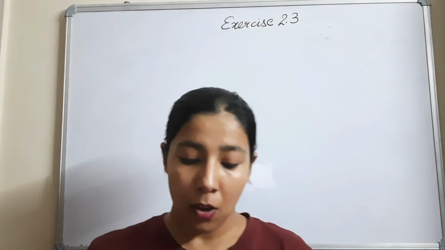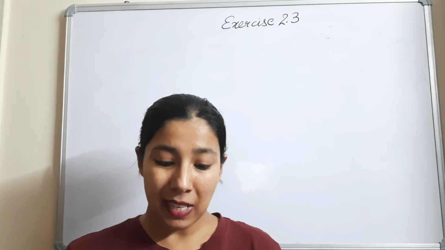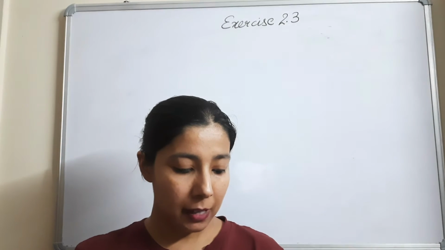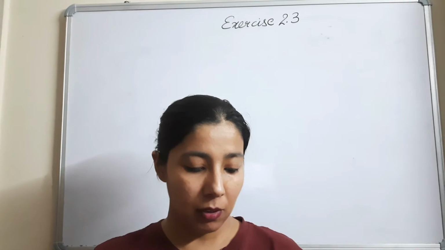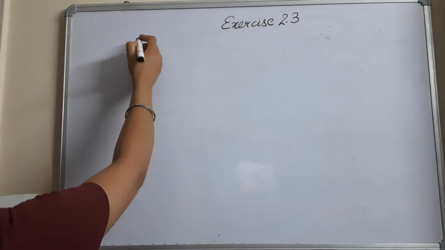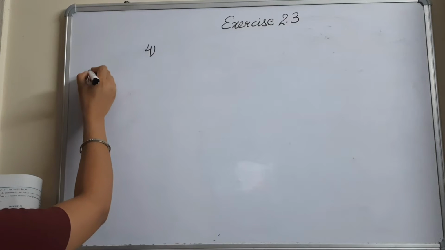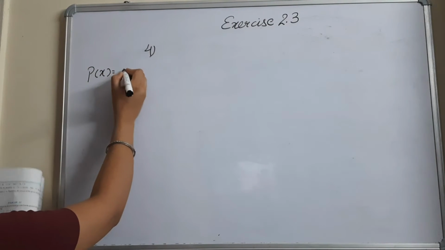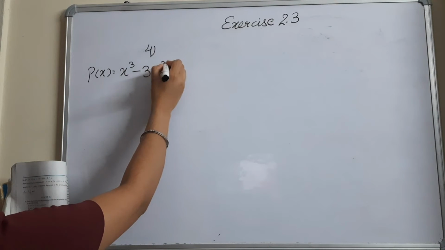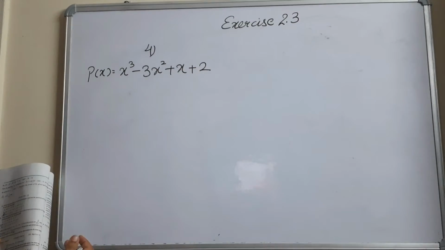Question number 4 says, on dividing the given polynomial, that is x cube minus 3x square plus x plus 2, by the polynomial gx, the quotient and the remainder were x minus 2 and minus 2x plus 4 respectively. Find gx. Okay. So first of all, write the given data. You are given px equals x cube minus 3x square plus x plus 2, divided by a polynomial gx.